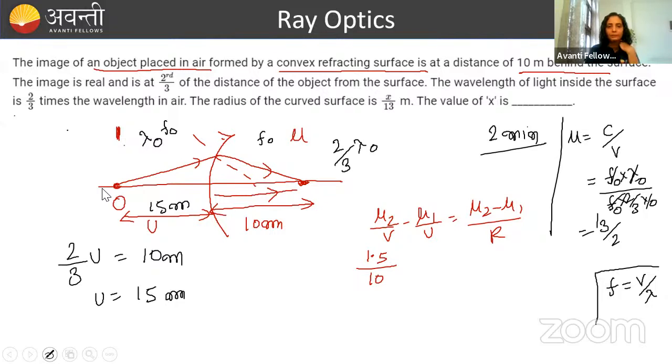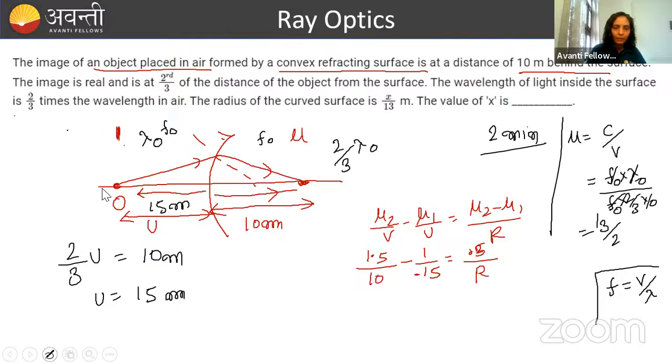So this is plus 10 minus mu1, which is 1. Object distance we will measure in the direction opposite to incident light, so this is minus 15. Mu2 minus mu1 is 1.5 minus 1, sorry, 0.5, divided by R. R we need to calculate.